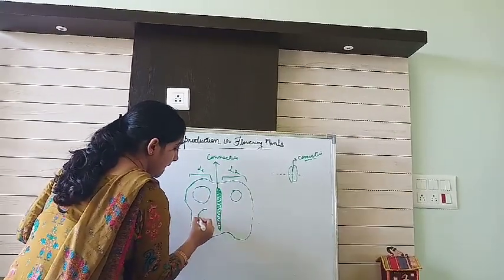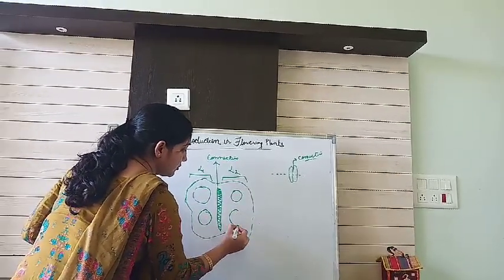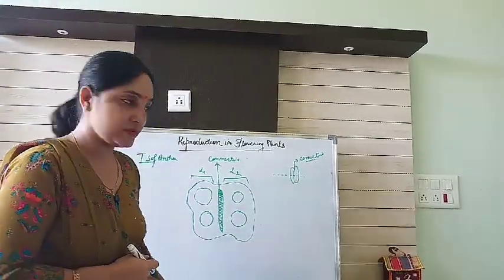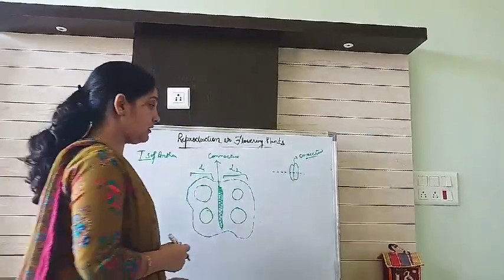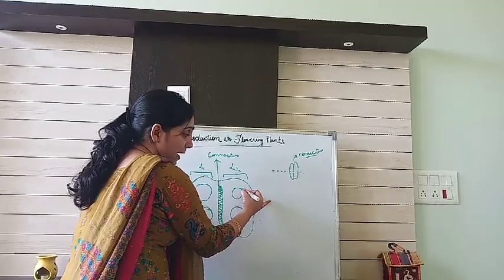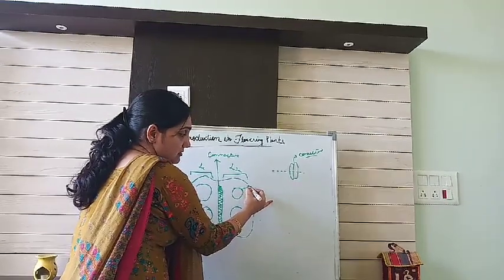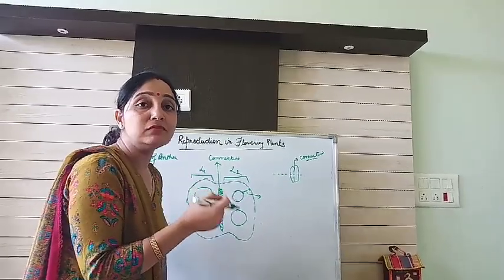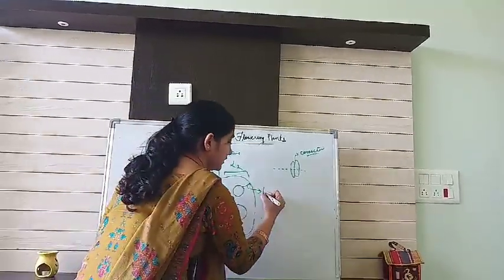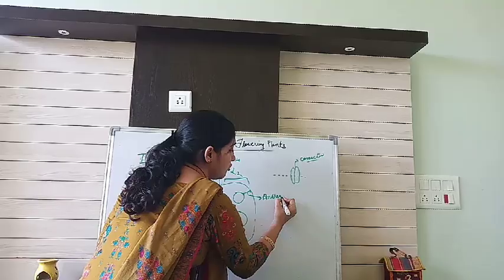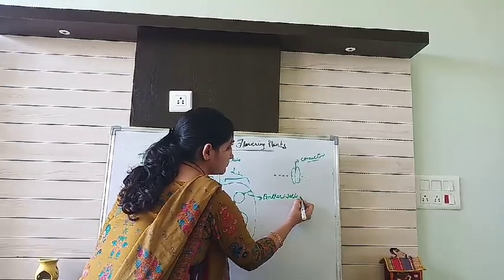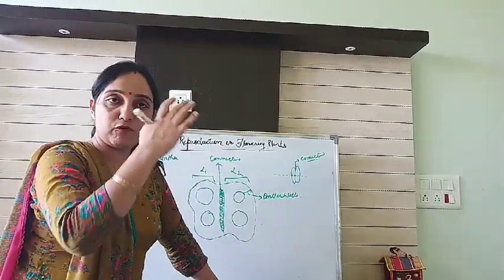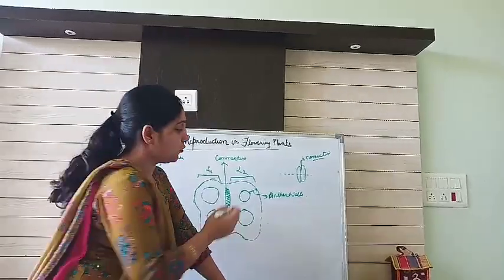These are microsporangia. From the microsporangium outward, we have walls. We call them anther walls. Now let's see what layers are inside the anther walls.